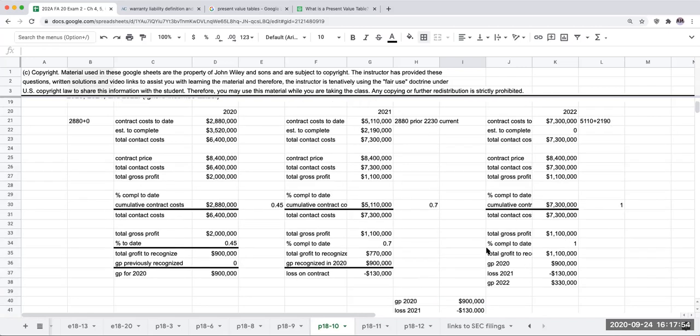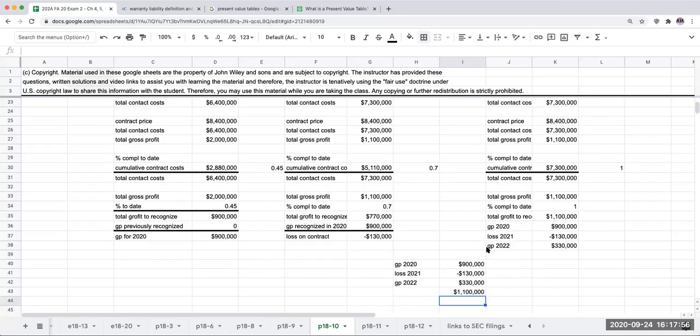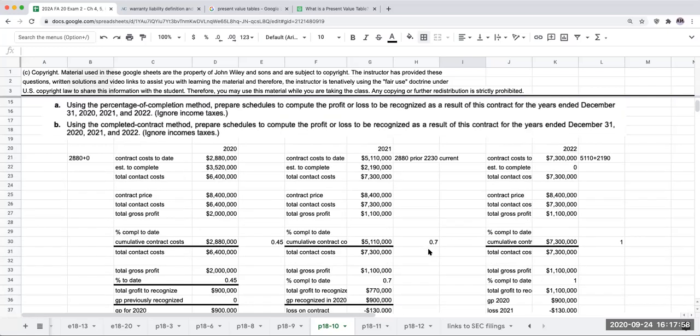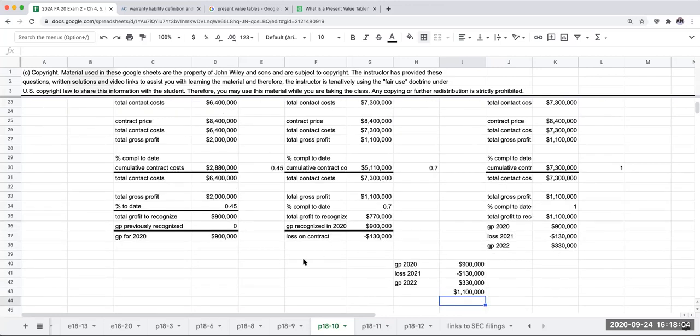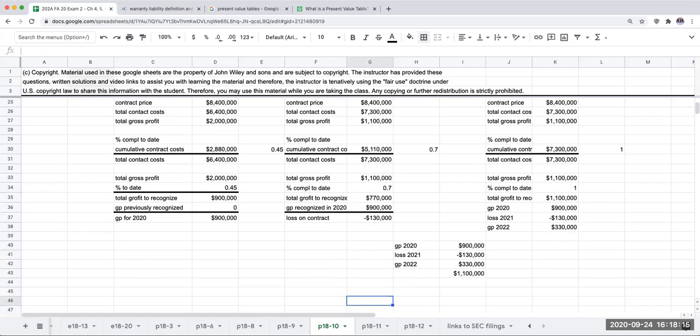Okay. So when I look over here in terms of looking at this in terms of the completed contract method, what do I recognize? Well, my gross profit in 2020, so completed contract.